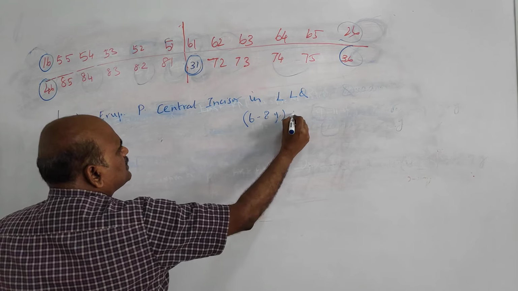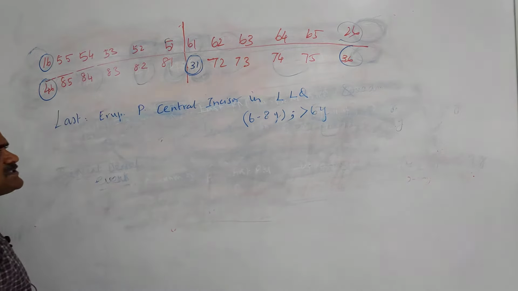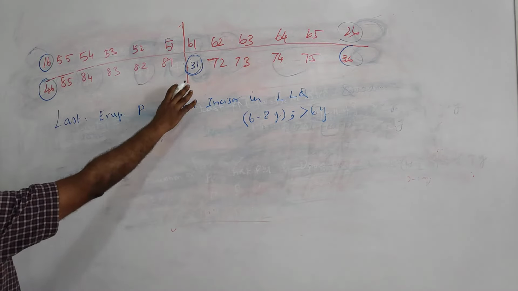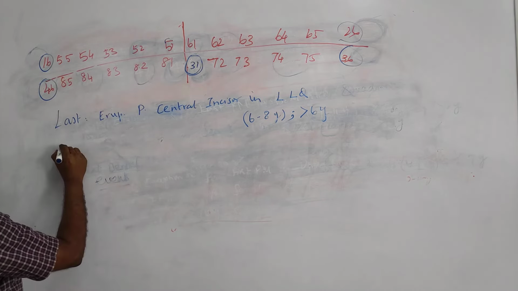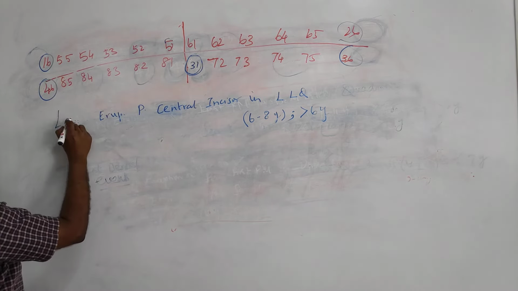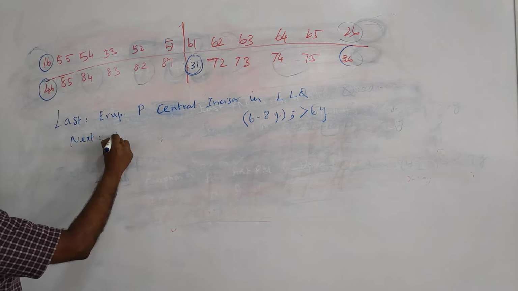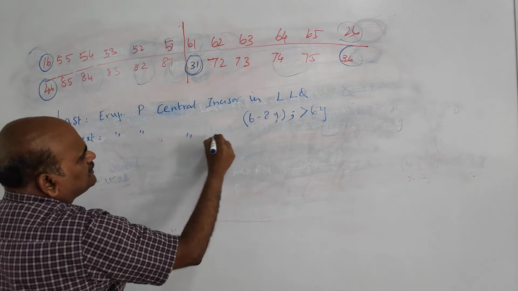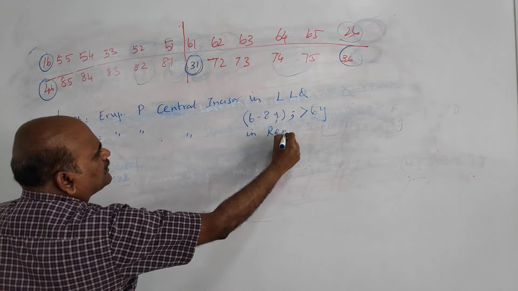So age is more than 6 years. Okay, more than 6 years. This has erupted in only left lower quadrant. Remaining quadrants not yet erupted. So the last is one. What is the next dental event yet to occur? Again, eruption of permanent central incisors in remaining quadrants or other quadrants.